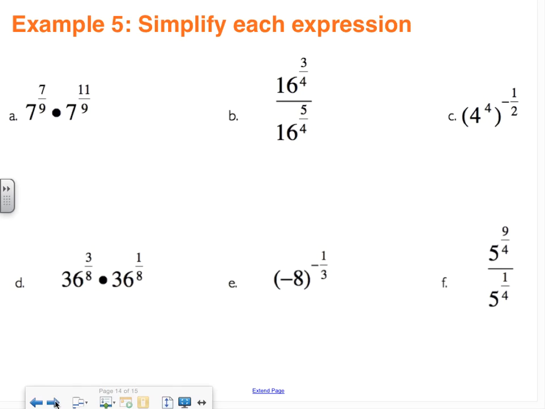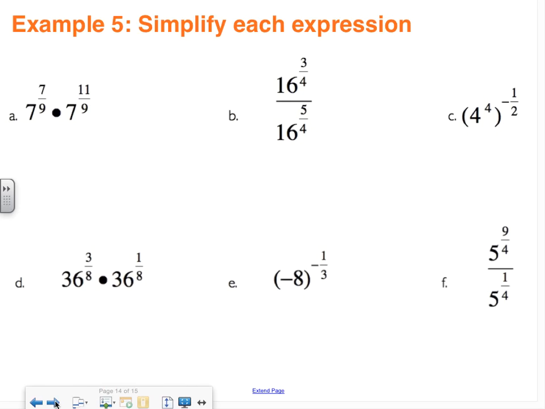Okay, everything on this page you've already learned. It just looks a little different because we're using fractions for exponents instead of whole numbers. But the rules apply. If you've got the same base like you do on A, you're able to add when you have a product of factors.